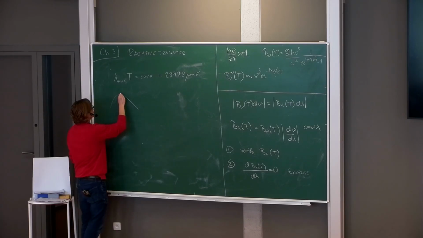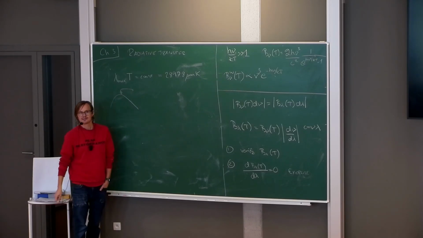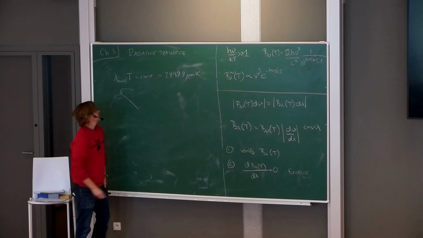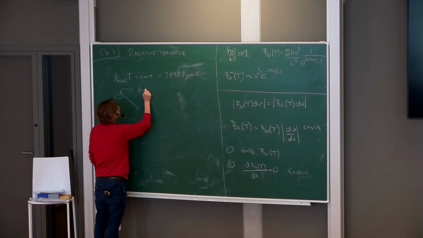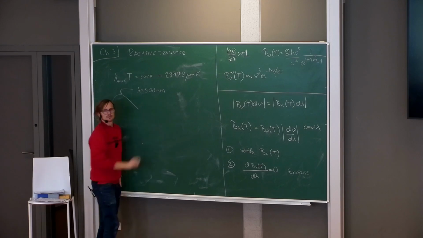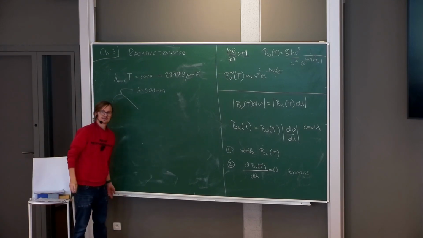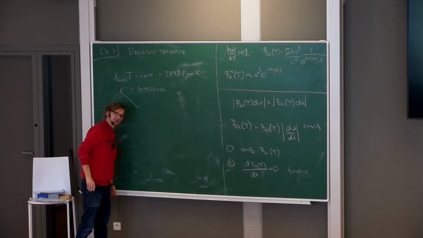And then we observe that the peak wavelength in that stellar spectrum is at 500 nanometers, right? Now, what temperature is that?